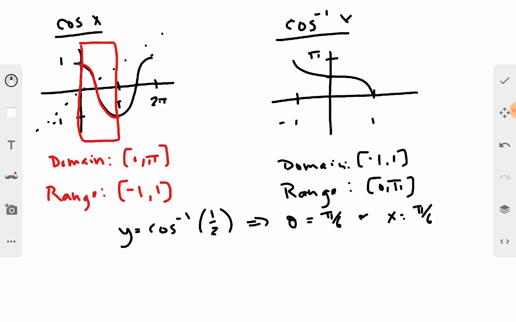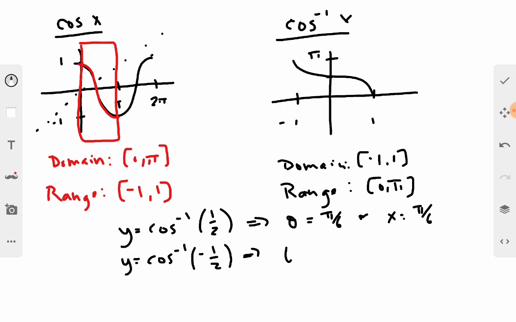Okay, now what if I have y is equal to cosine inverse of negative 1/2? Okay, well you can put this in your calculator, or you can do it on the unit circle. But remember that the answers that you're going to return have got to be between 0 and pi.